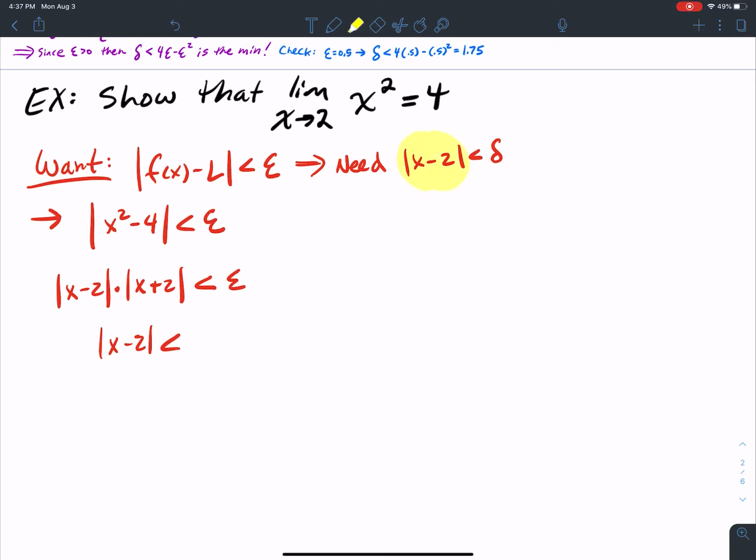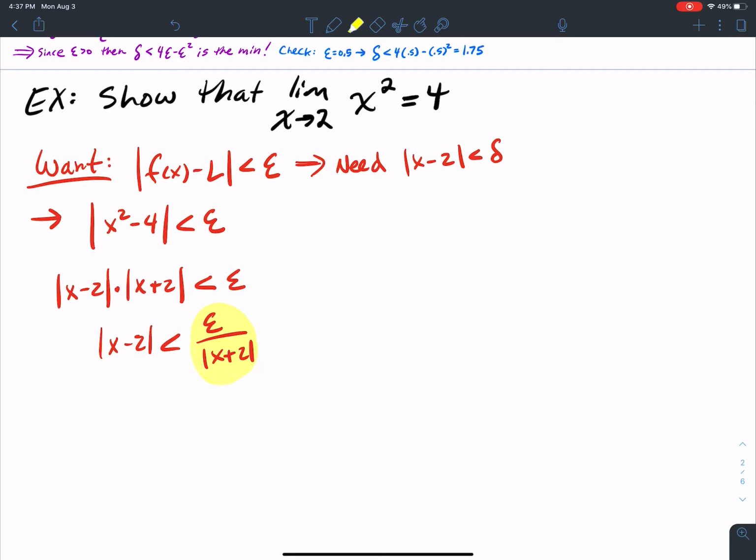I need the absolute value of x minus 2, right? Well, if I see x squared minus 4, I'm thinking, oh, that's a difference of squares. I can factor that out, right? And now I have exactly my desired factor. Well, how do I get it by itself? Instead of multiplying here, I'm going to divide through by this x plus 2.